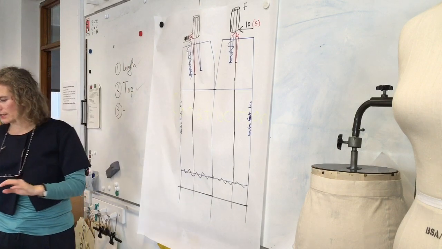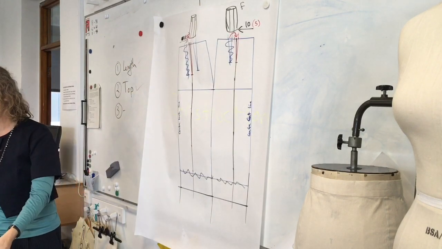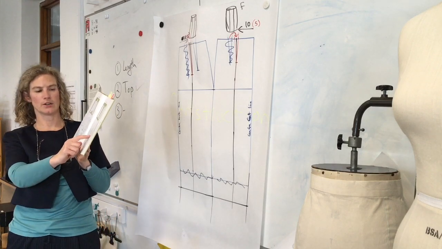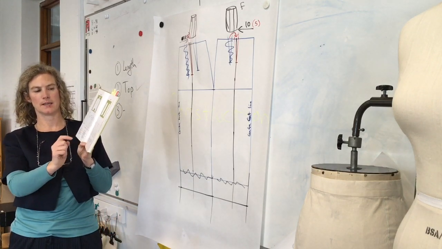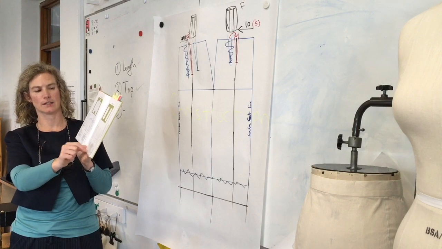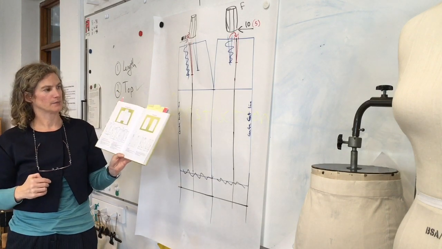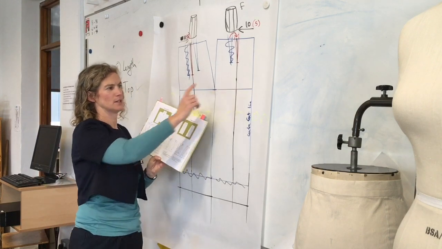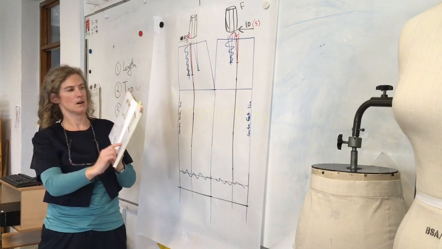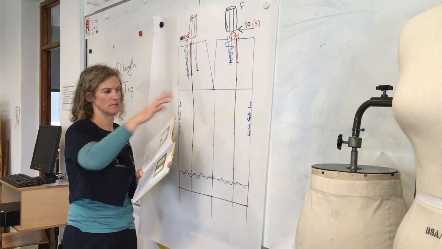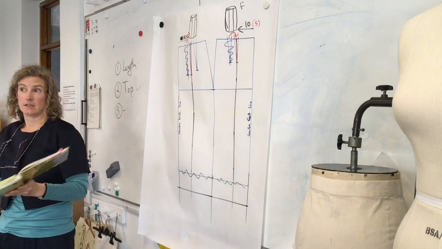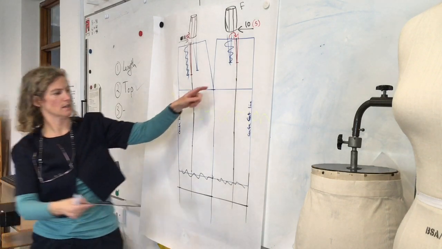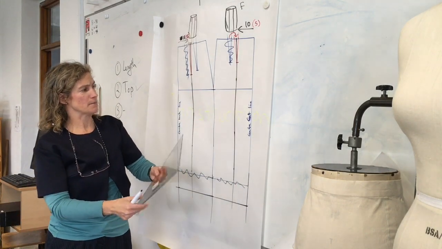I'm going to put in the notches. So again, she doesn't mention anything in words about notches at all, but if you look at her diagrams, these are the pattern pieces, you can see she does have lots of notches on there. So this notch up here is from the hip line, which is handy, and then there's another one along there, which we don't have anything for, so we choose and place it where we think, maybe roughly in the center.